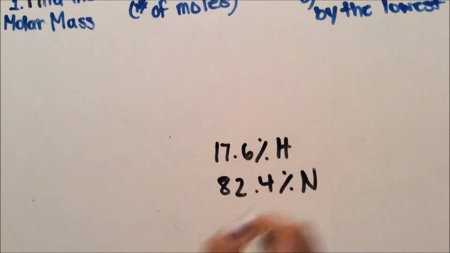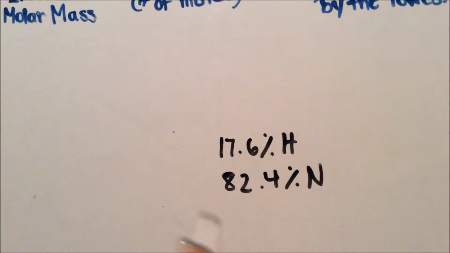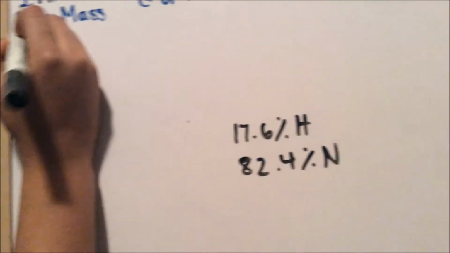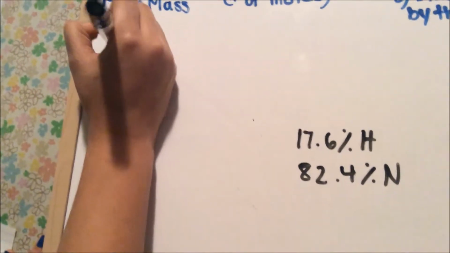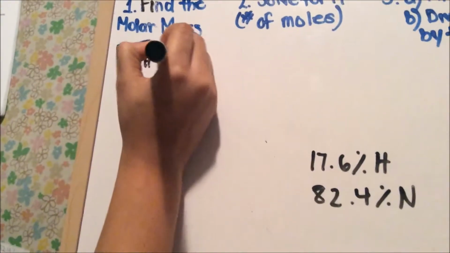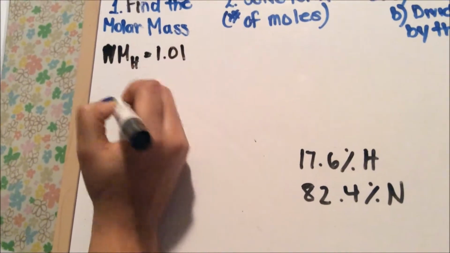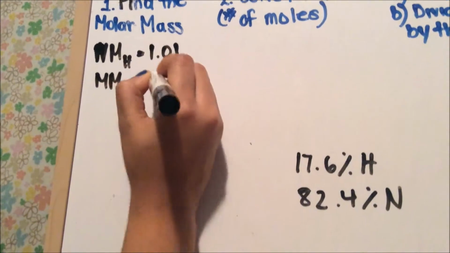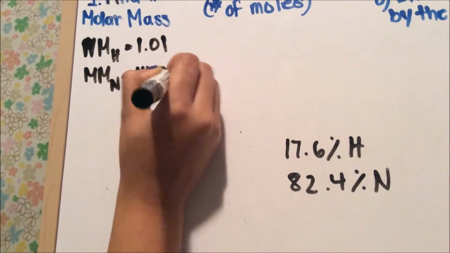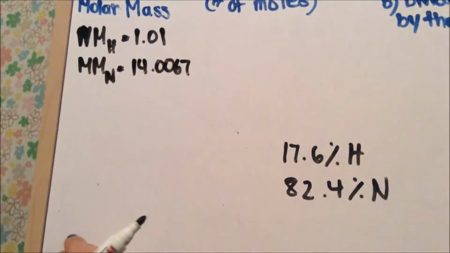And you can see that if you add these up, it'll equal 100% because that's the compound. So you know that the molar mass of hydrogen is equal to 1.01, and then the molar mass of nitrogen is equal to 14.0067. So that's step 1.